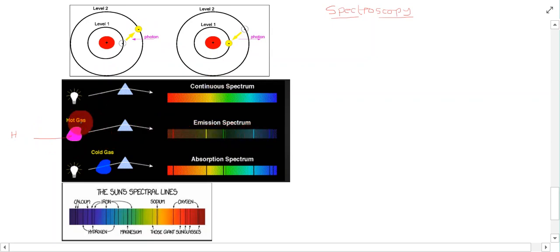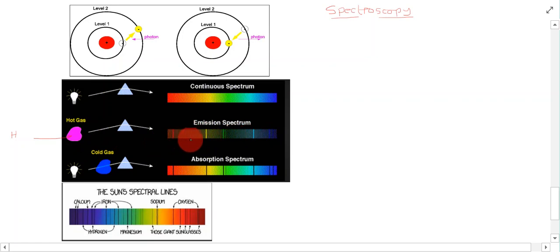So if you have a hot gas of hydrogen and you add energy to it, all of the electrons get excited, move up to higher energy, move back down, and then give off particular colors of light that are very unique, like a fingerprint to that particular element. You'll get this effect, where you only get very specific wavelengths of light.